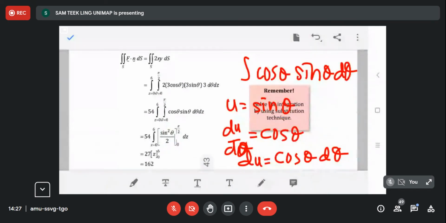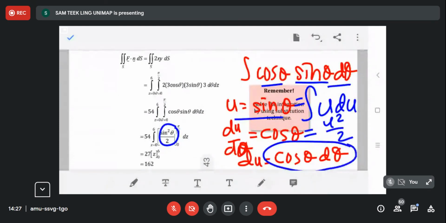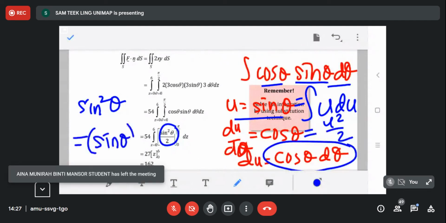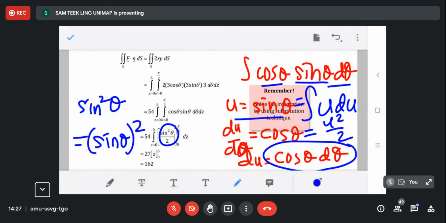So remember this one: sine power 2 theta is also the same as sine theta, then bracket power 2. Don't confuse. You can write sine power 2 theta, or you can write sine theta, then bracket power 2.